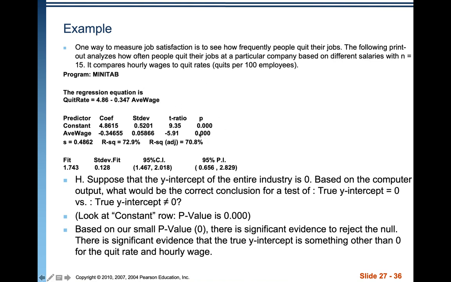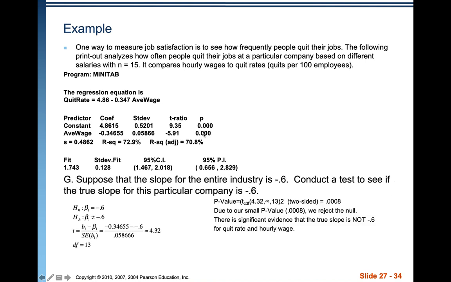As long as our null hypothesis when we're considering slope is that beta 1 equals 0, then we can use this p-value that's provided. But if you look at part G, if we are testing against anything else, we have to go through and do the hypothesis test ourselves.